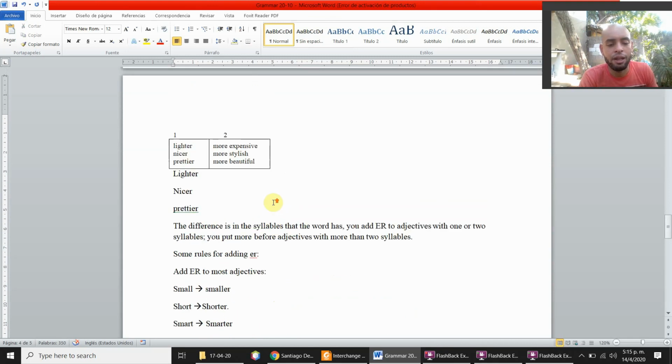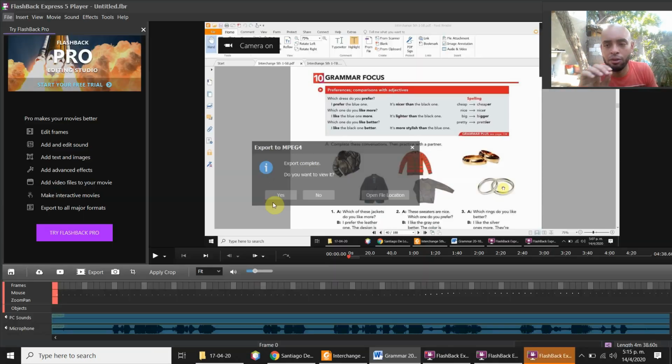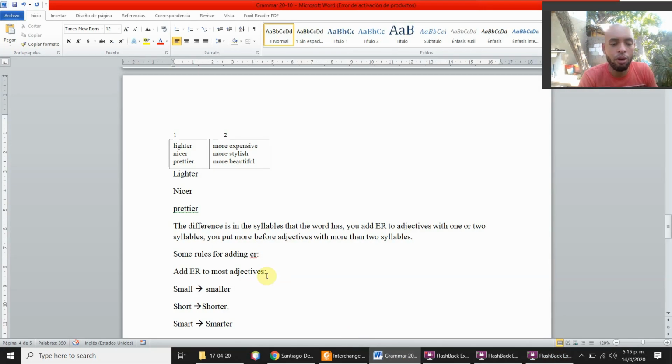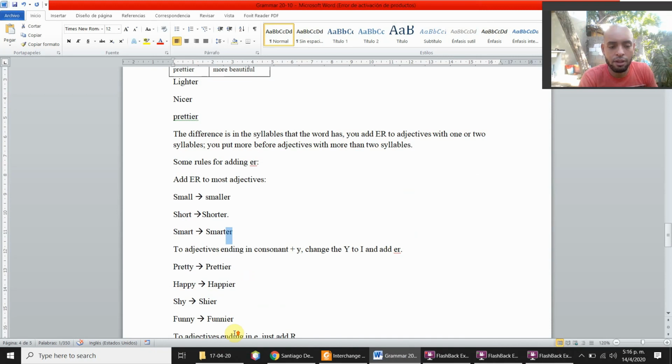This is the standard rule. This is normal for most adjectives. Small, smaller. Short, shorter. Smart, smarter. You only add ER at the end of these adjectives.